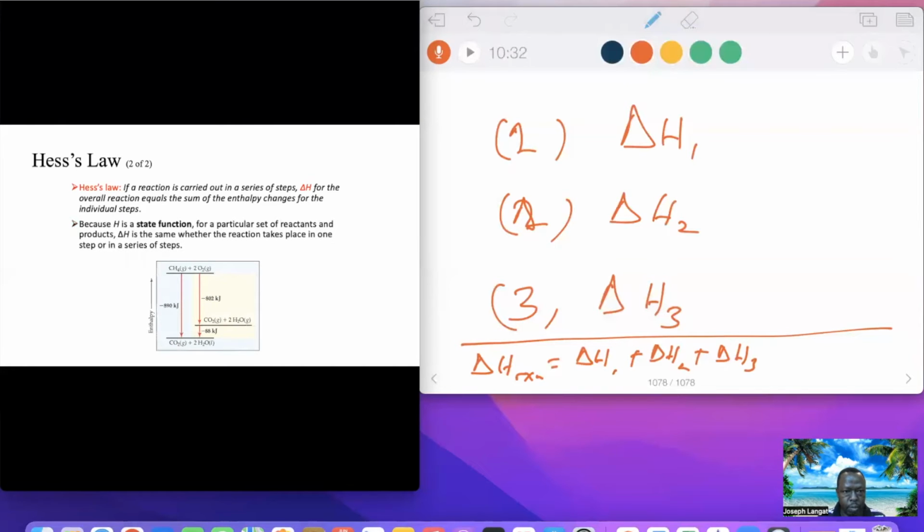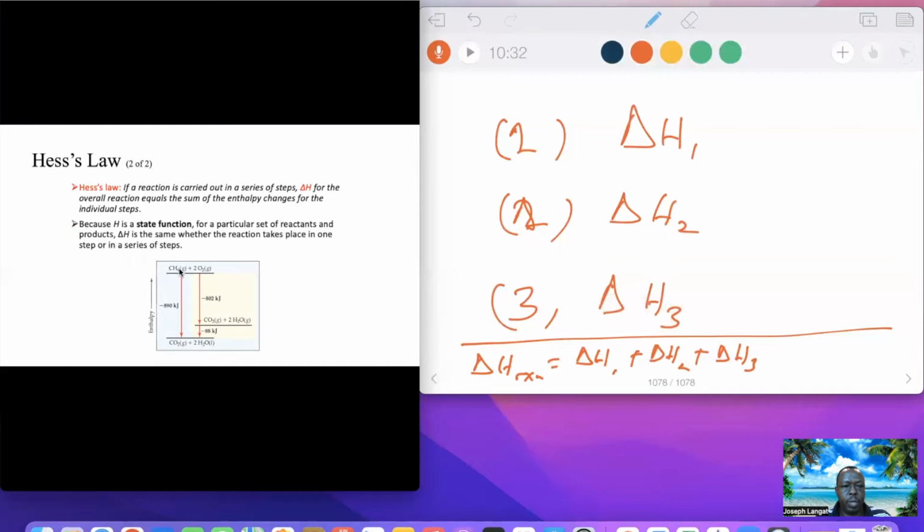This is an illustration on finding the overall reaction. It doesn't really matter how many steps you take before you get to the final product.